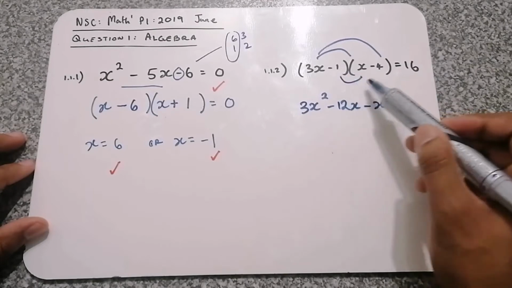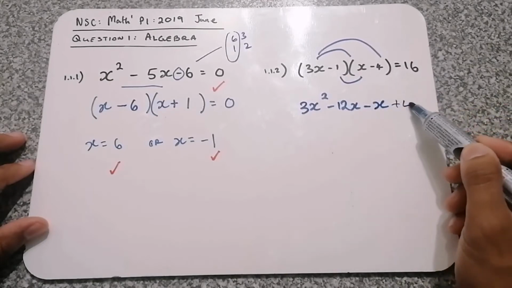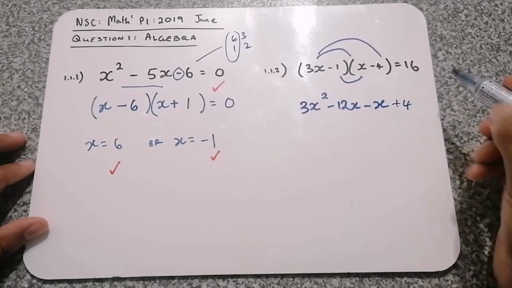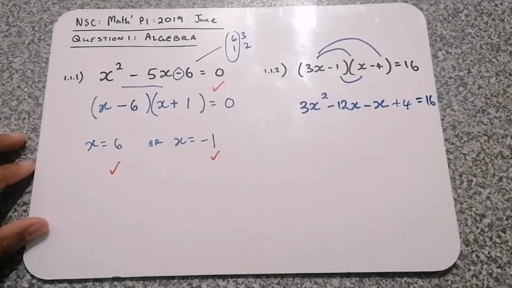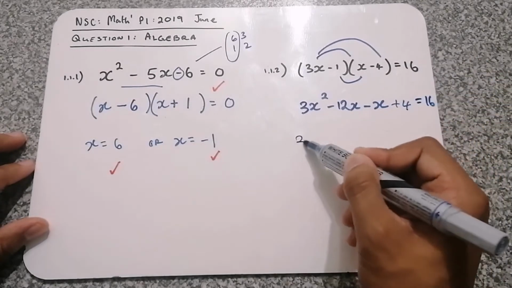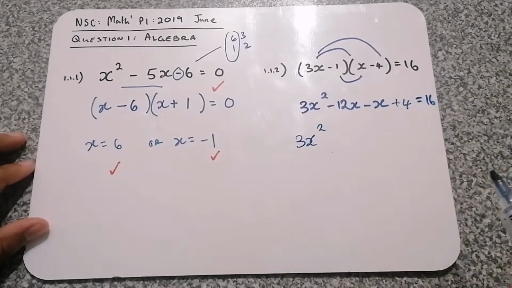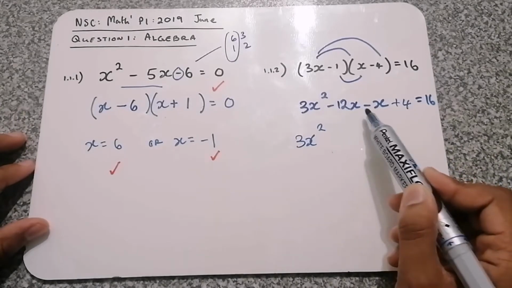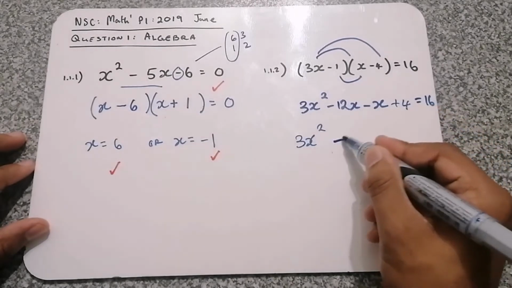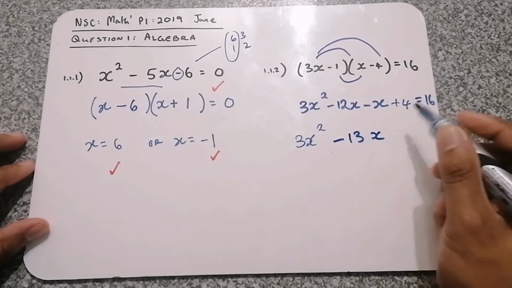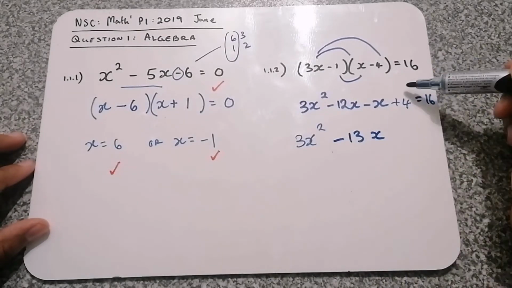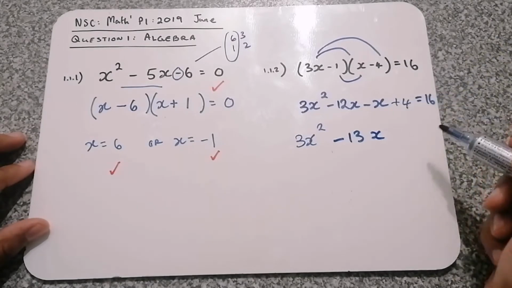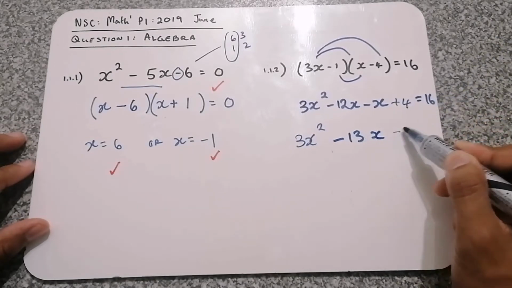And negative 1 times negative 4 is positive 4. Now this is still equal to 16. But if I take the 16 across, I can form a trinomial. Let's first add these two like terms: minus 12x minus 1 is minus 13x. And 4, if I take the 16 over, that's minus 16, so 4 minus 16 is negative 12.